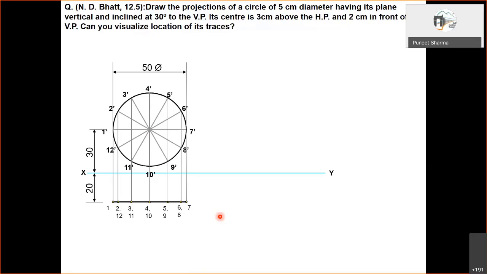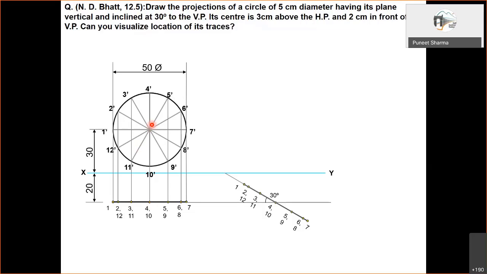Next we have to maintain this condition, this 30-degree inclination with the vertical plane. So that we do here. It has been drawn at 30 degrees. The center has to be 2 centimeter in front of VP. So this center here will be coincident with 4 and 10.